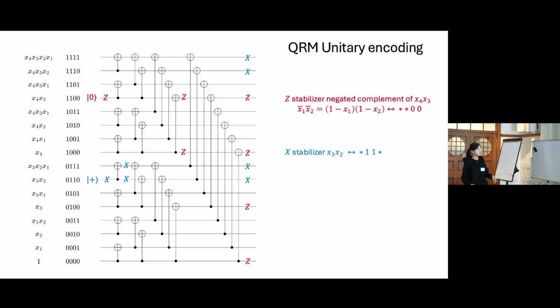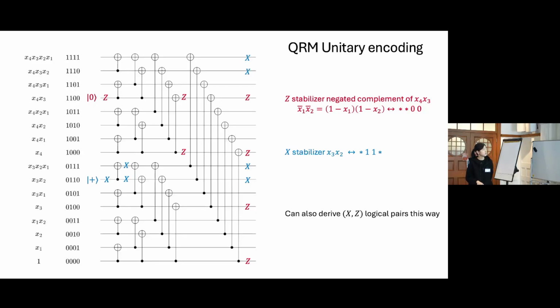The propagation rule here is that at the output side, you will again get a monomial, but the negated complement of what is labeled here. Complement means I take the full polynomial, like x4, x3, x2, x1, and divide it by this. I get x2, x1, and then I take the negation of each variable.